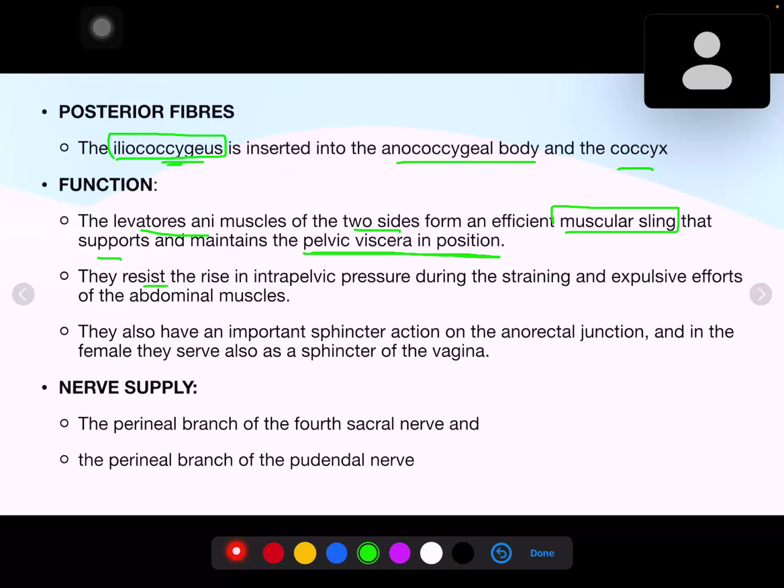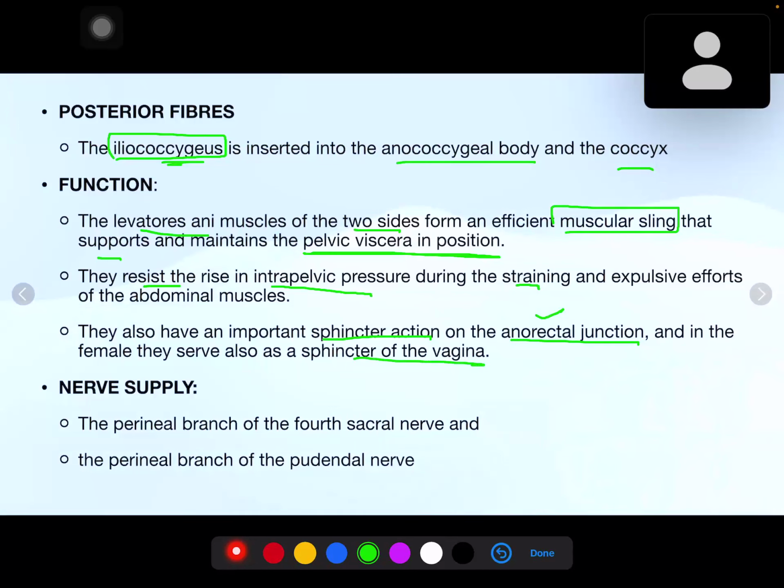Okay, and they resist the rise in intrapelvic pressure during straining, like coughing and expulsive efforts of the abdominal wall muscles. Okay, and they also have an important sphincter action on the anorectal junction. Like we discussed, sphincter action on vagina as well, and sphincter action on anorectal junction as well.